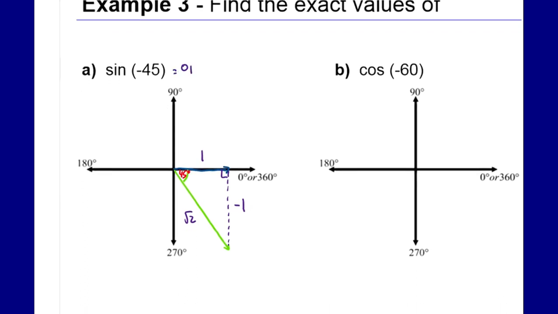So sine is opposite over hypotenuse, which is negative 1 over root 2.